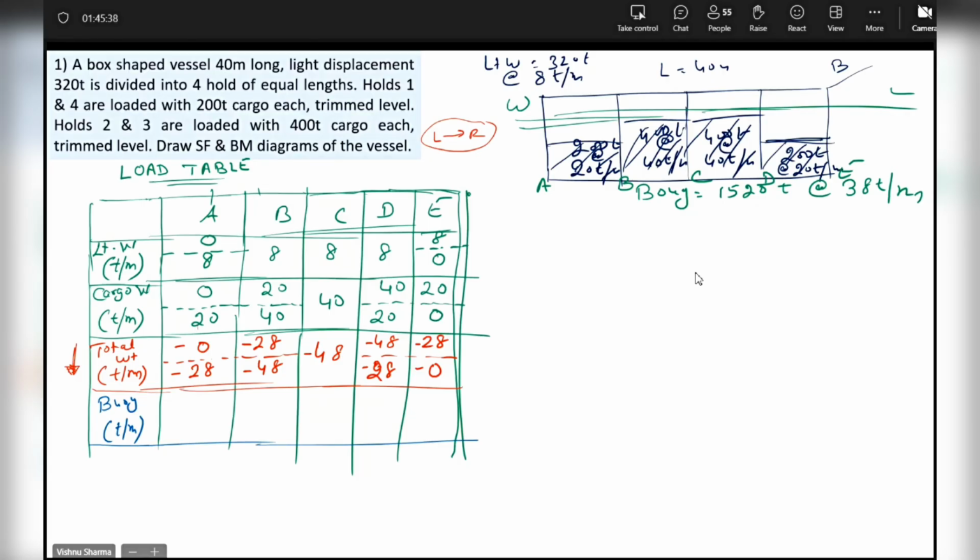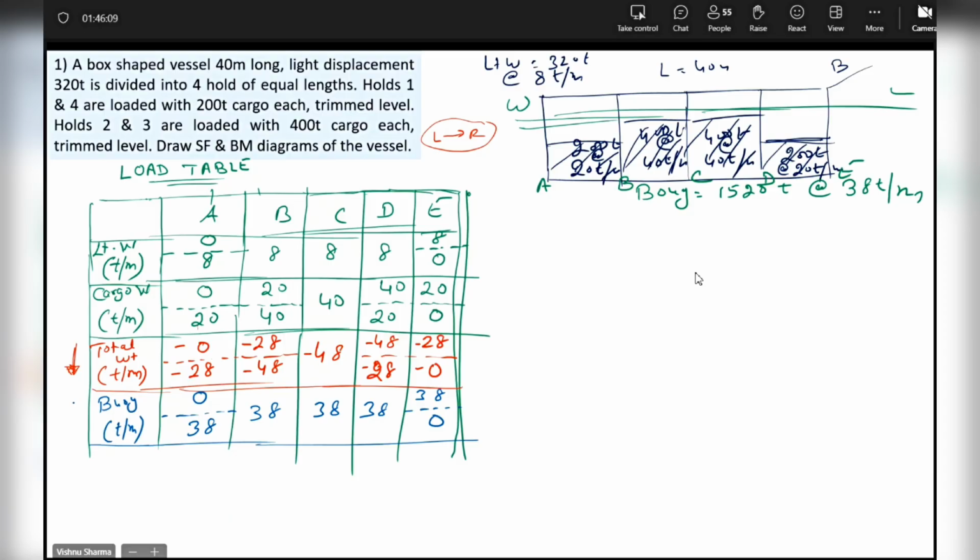Are there any points where the buoyancy is different to the left and right of that point? At A and E, very good. Buoyancy here will be 0 since there is no ship, no displacement of water. Then it becomes 38, 38, 38, 38, 38, and 0.